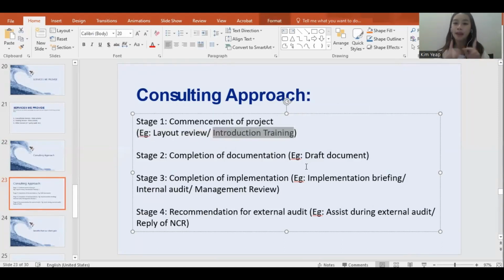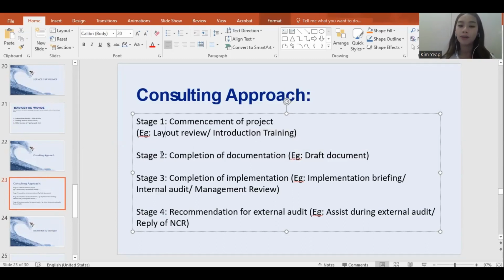But let me make a disclaimer before I move on with the explanation. You see that I put EG over here, which stands for example, because I do not want to restrict your thinking that these are the only activities we do during consulting.